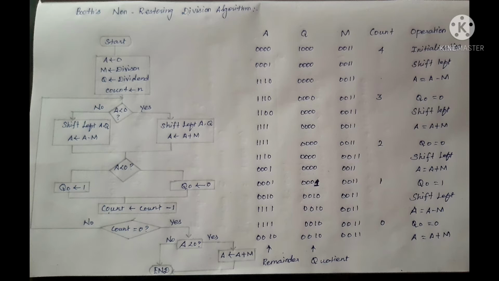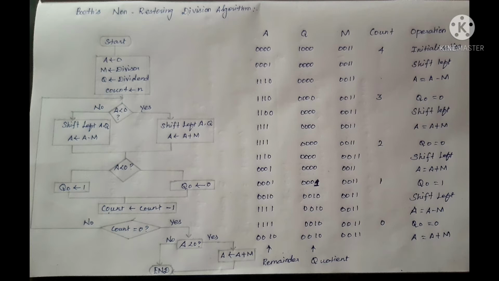No. So we'll again go up and perform this check, is A less than 0? Now in this case the MSB is 1. It means yes, A is less than 0. So we'll perform shift left A Q and then A equal to A plus M. So this will be left shifted: 1100 and then 000, and a new 0 will be added.